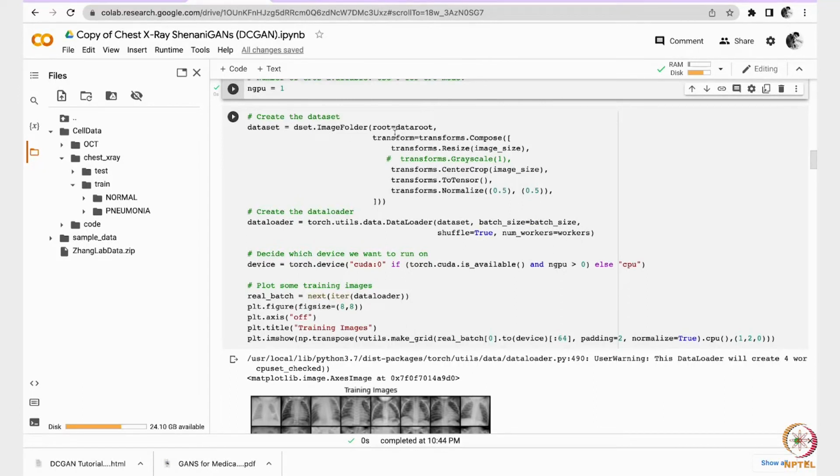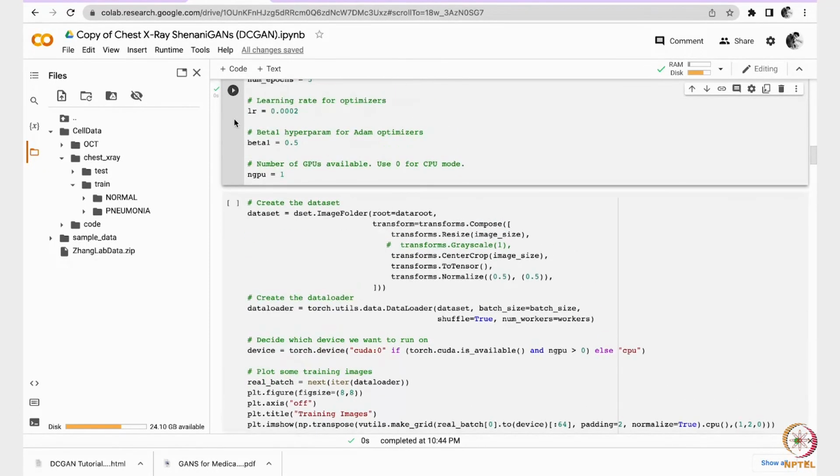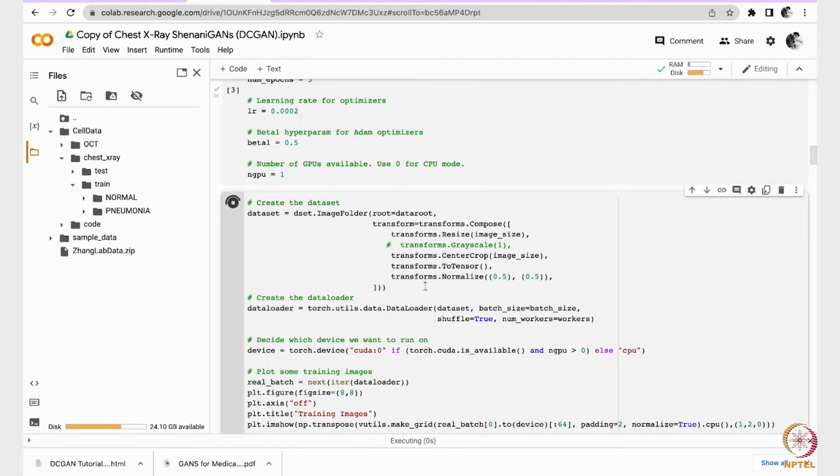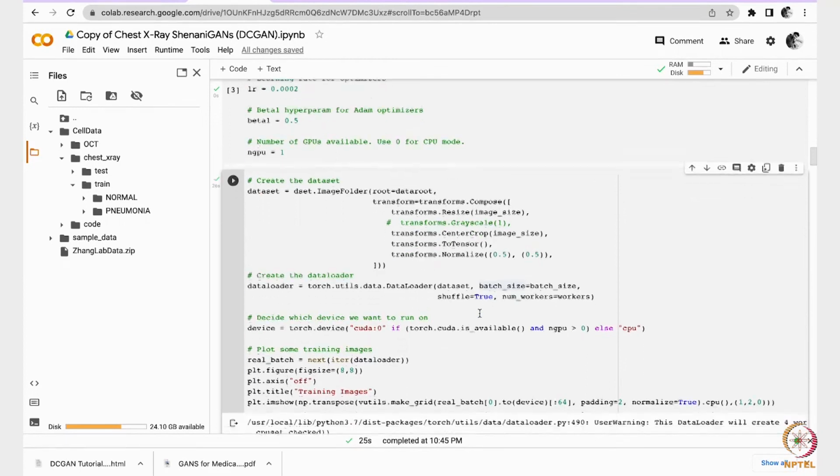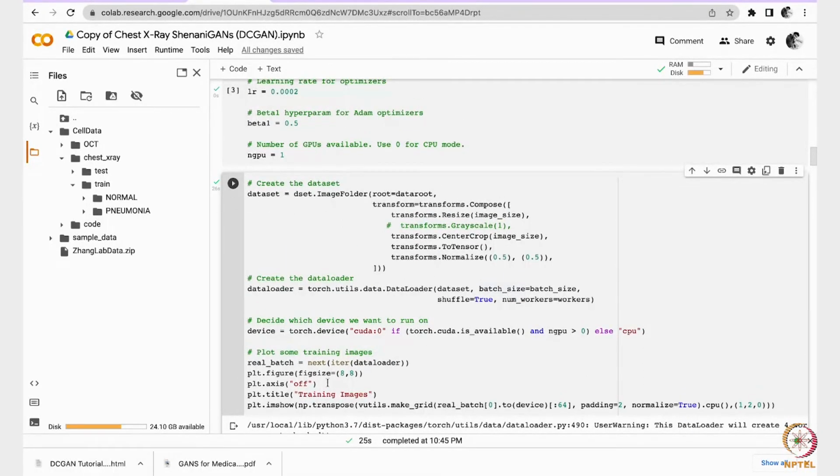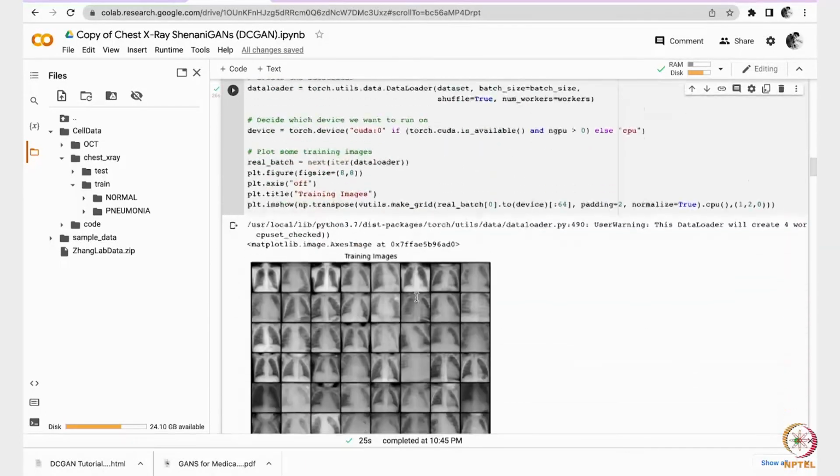Now go for the dataset creation. It takes some time because the data loader will function in batches. Now the data loader has been generated. At the same time, we are extracting some 64 images, and they will all be shown here.